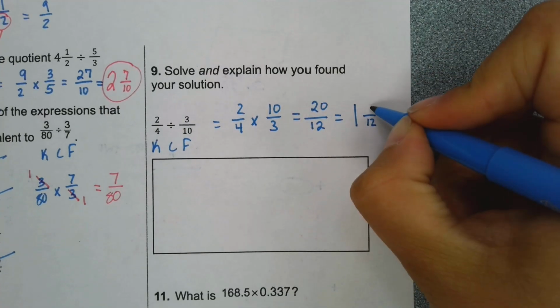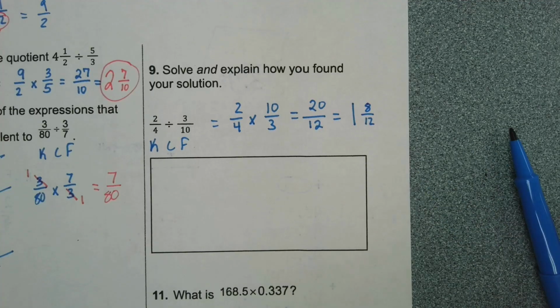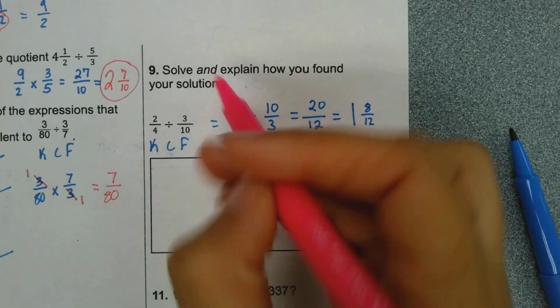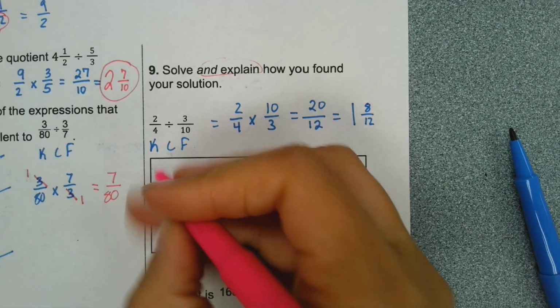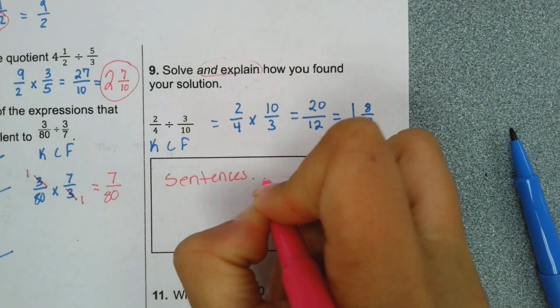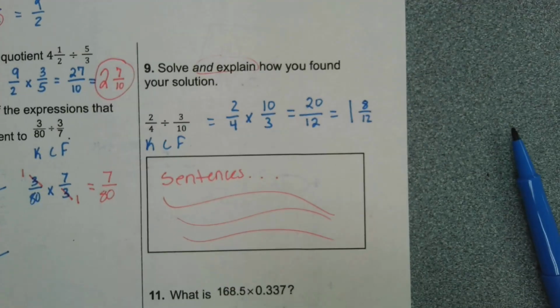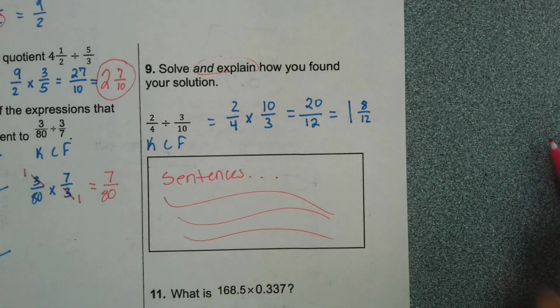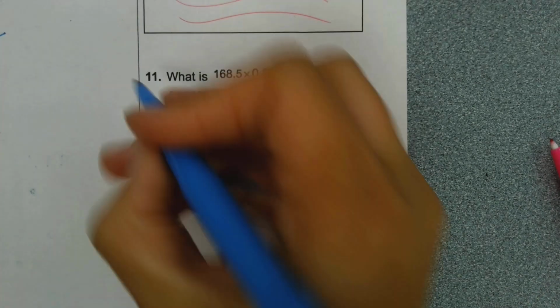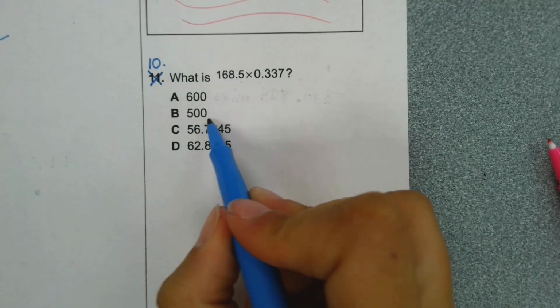So if I subtracted 12 out of the top, there'd be 8 left. And technically, you could keep going and reduce that down even further too. But this question also asks you to explain. So I asked for you guys to write some kind of sentences telling me how you solved that problem in words. And then this is question 10. And once again, just a simple calculator question.